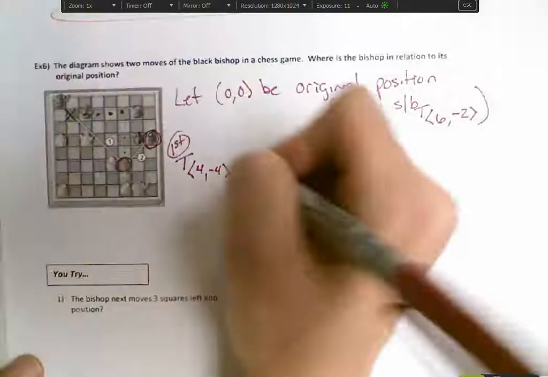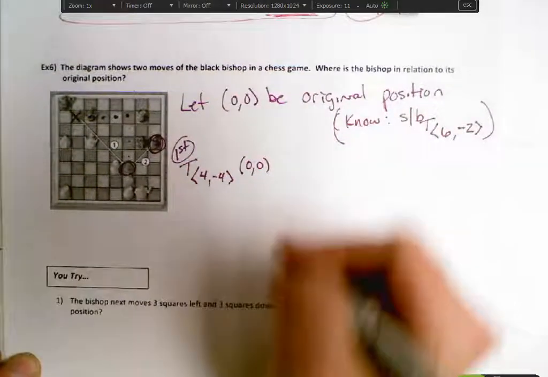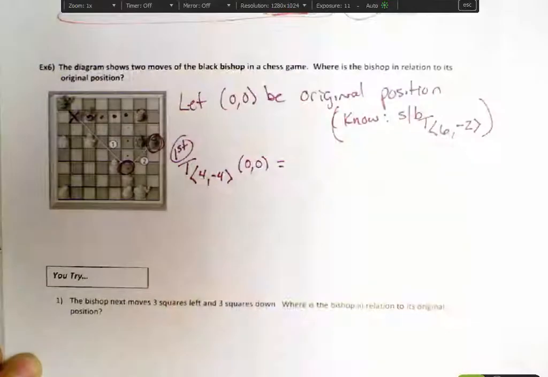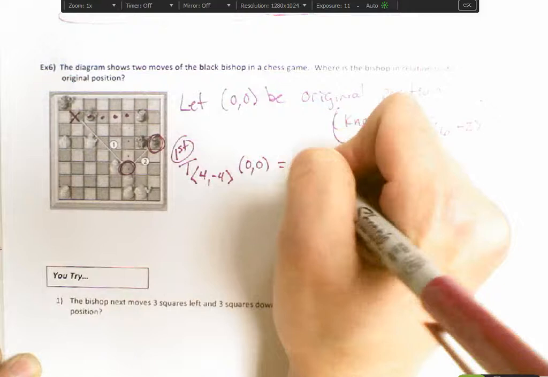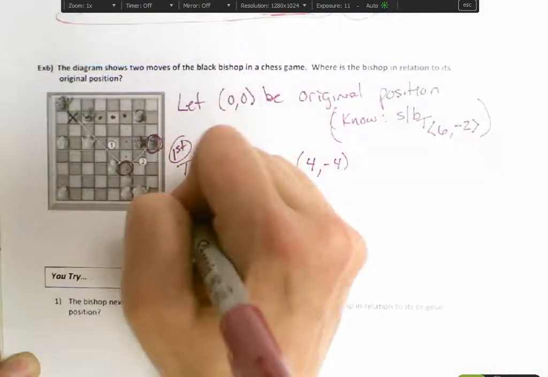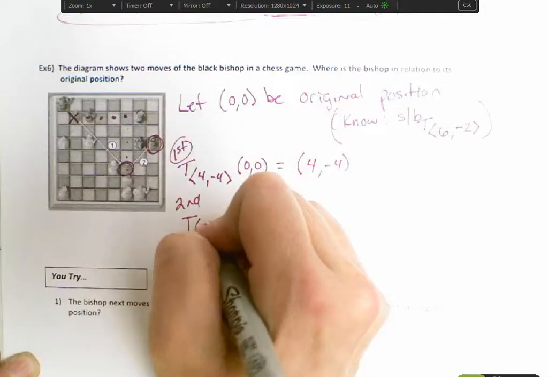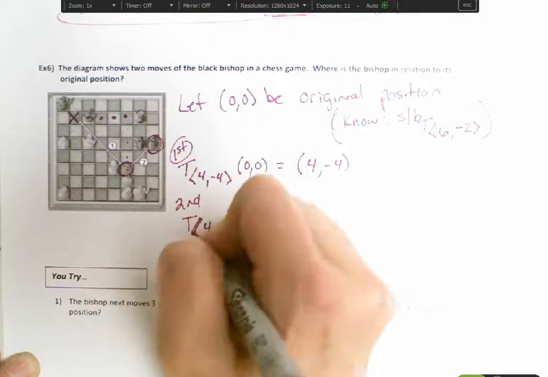So that's the translation of the starting point of 0, 0. So we know that the next point would be technically 4, -4.